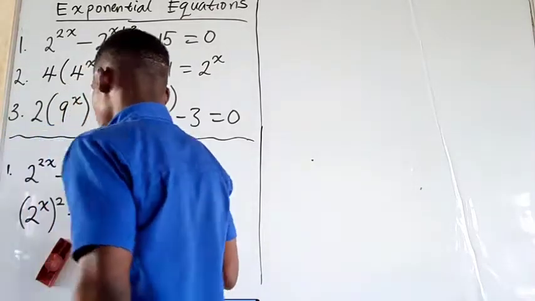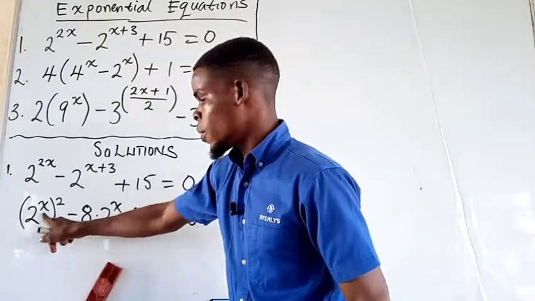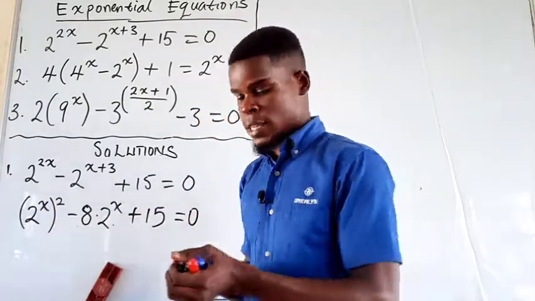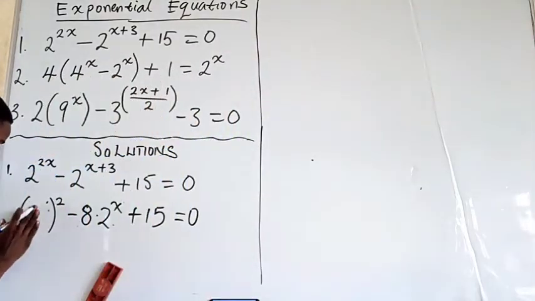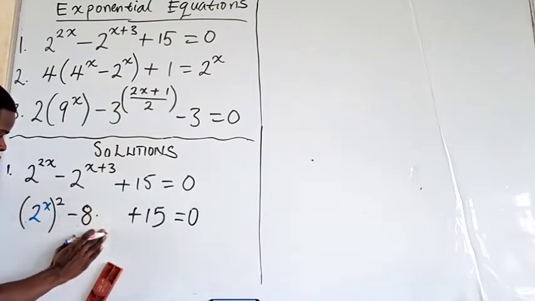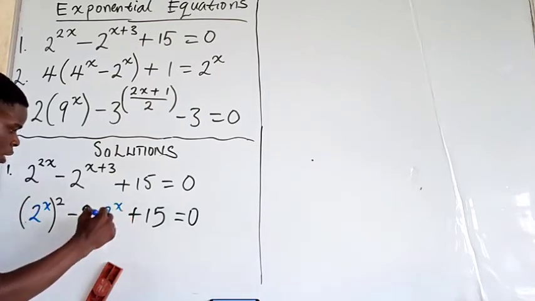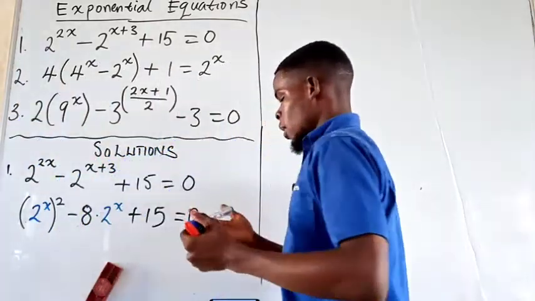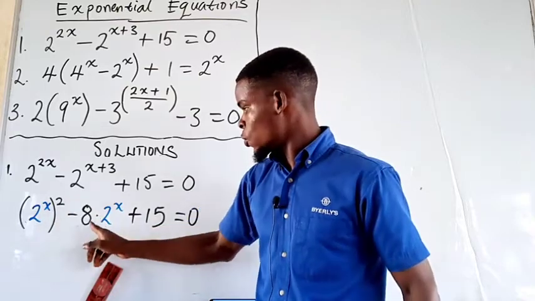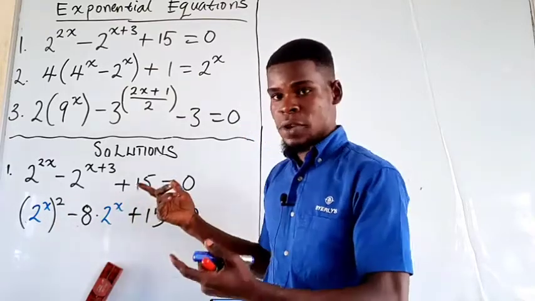Now, we see this is 2 to the power of x, and this is also 2 to the power of x. This is 2 to the power of x, and it is being raised to power 2, and this is also 2 to the power of x, but not being raised to power 2.